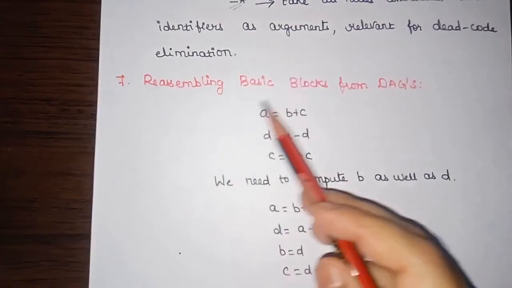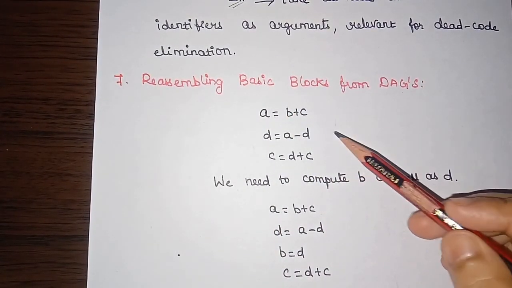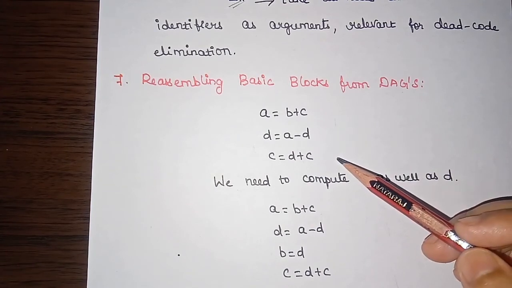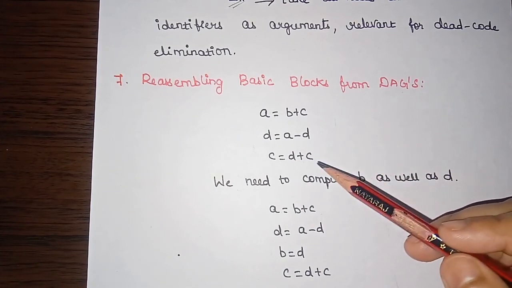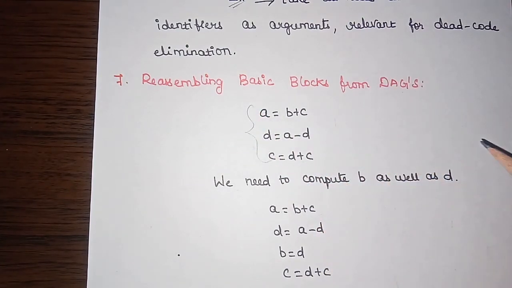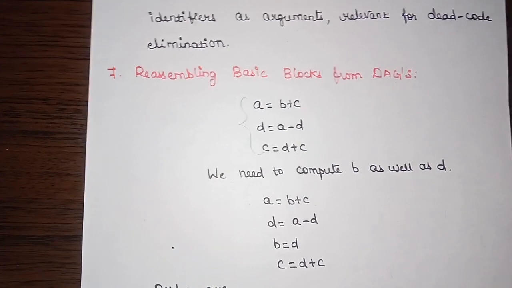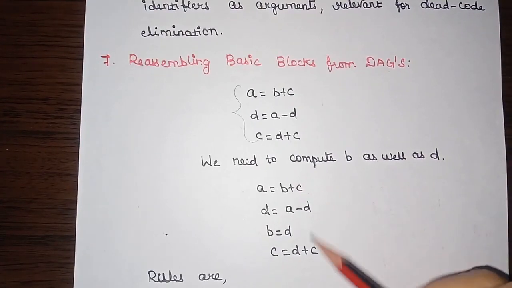Then finally, reassembling basic blocks from DAG. So let us consider the same example we have seen previously. We just eliminated the local common sub expression, and then we formed these statements, right? Here, in some cases, if we don't know whether B and D are live on exit, then we have to compute both B as well as D. So at that time, we have to make these statements like this.